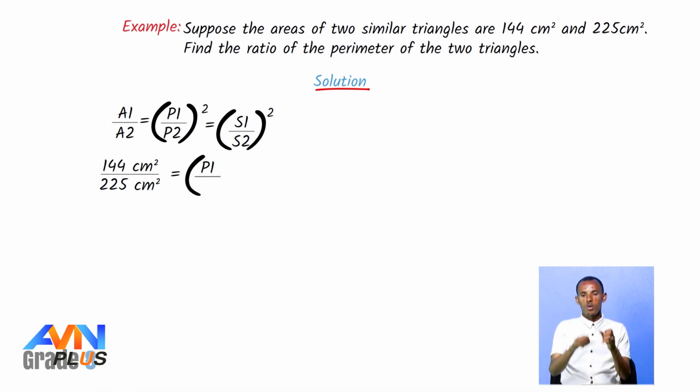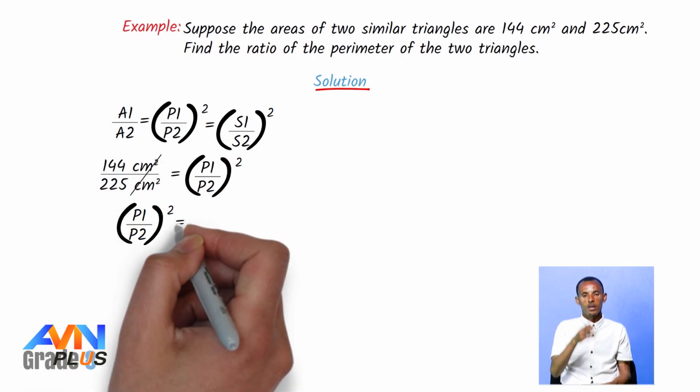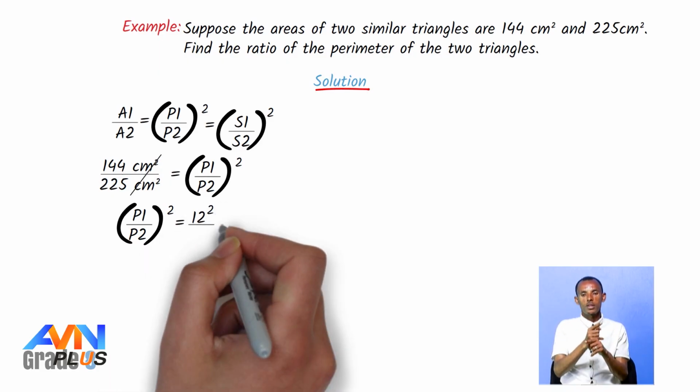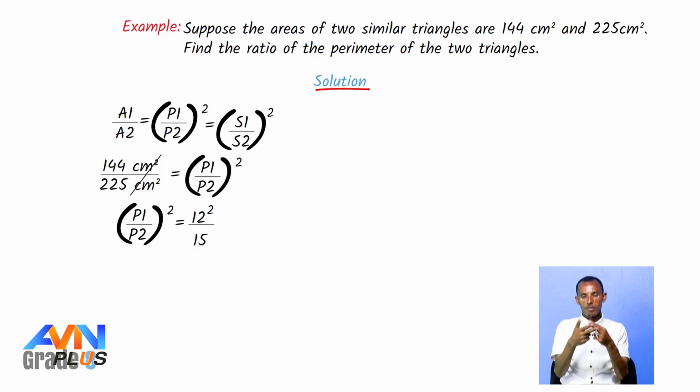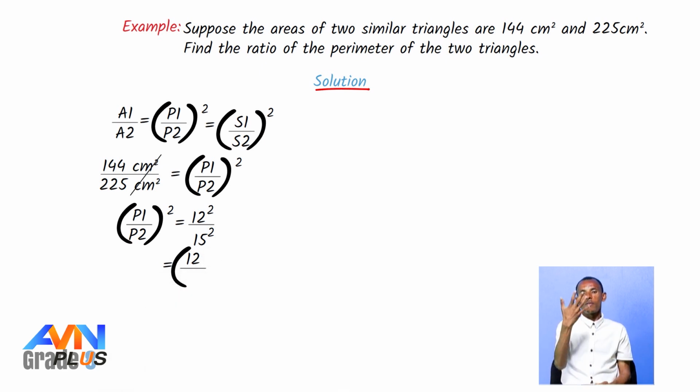So now this implies P1 by P2 the whole square is the same as, 144 is a perfect square, you can write it like 12 square, and 225 is also a perfect square, which is 15 times 15 or 15 square. So this is the same as 12 by 15 the whole square. Or you can take the radical on both sides.